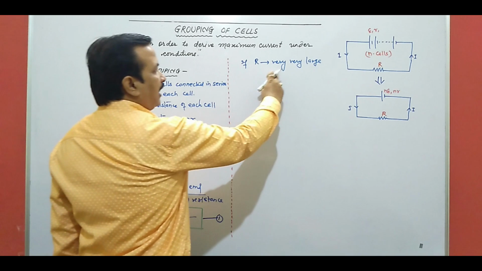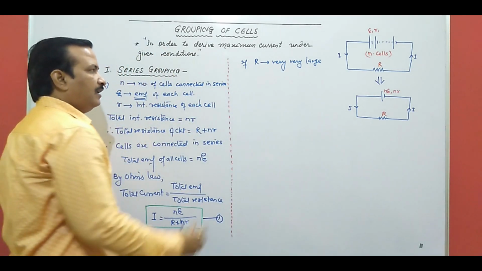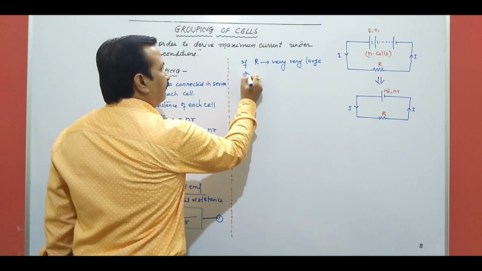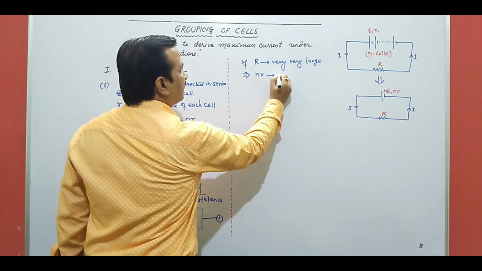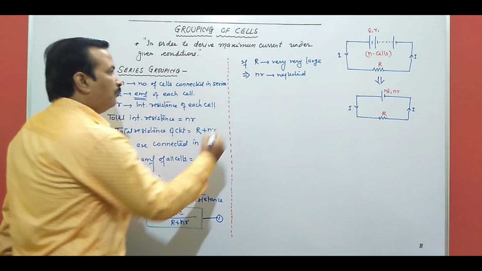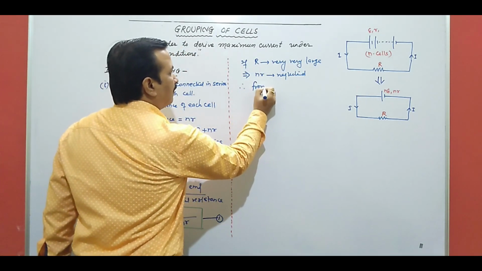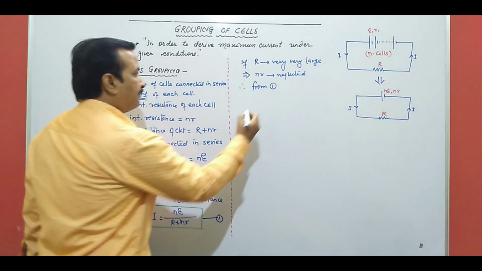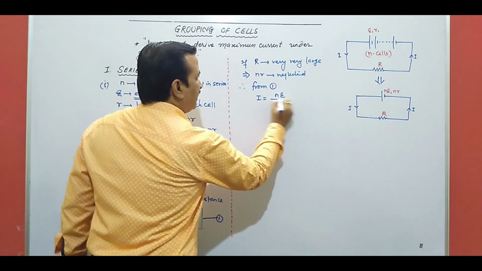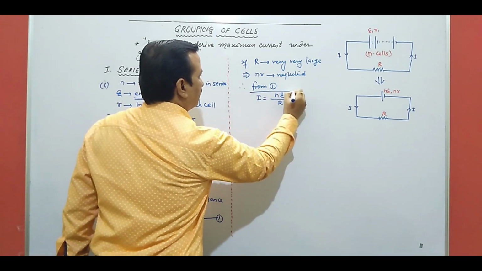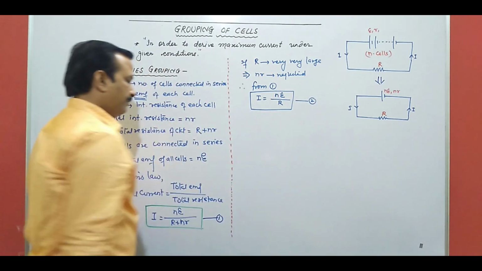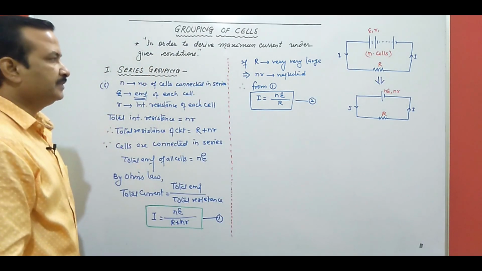If we take R very, very large, then we can neglect nr. So from 1 we will get I is equal to nE upon R. This is your second equation, right?